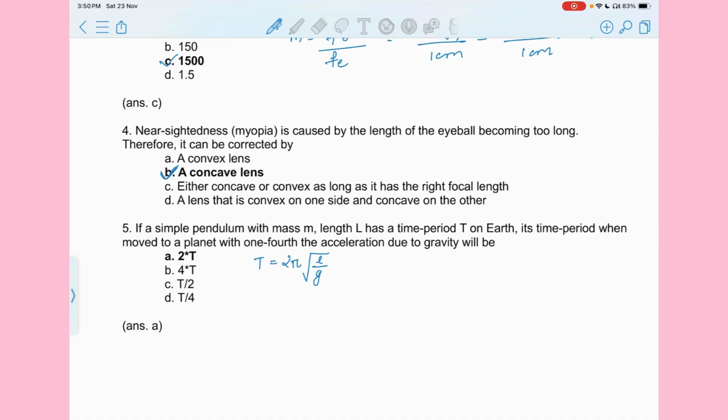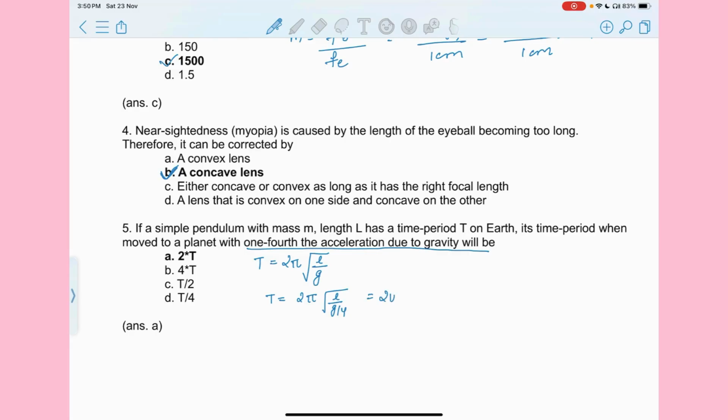So in this case, because the acceleration due to gravity becomes g by 4, it will convert into L upon g by 4.